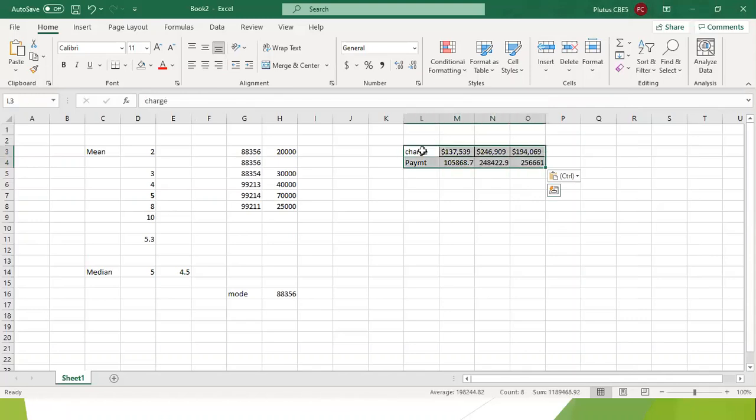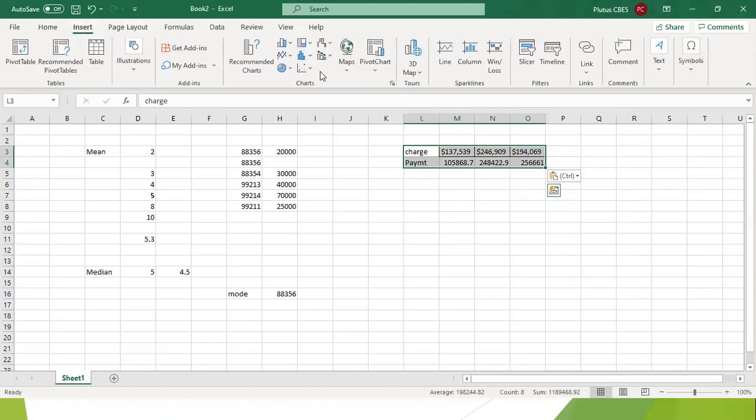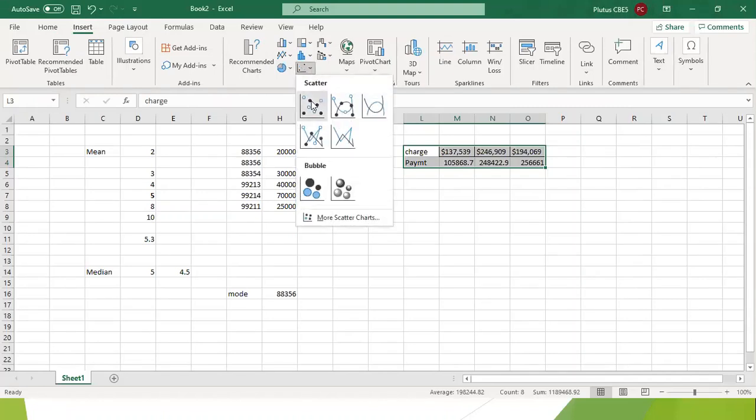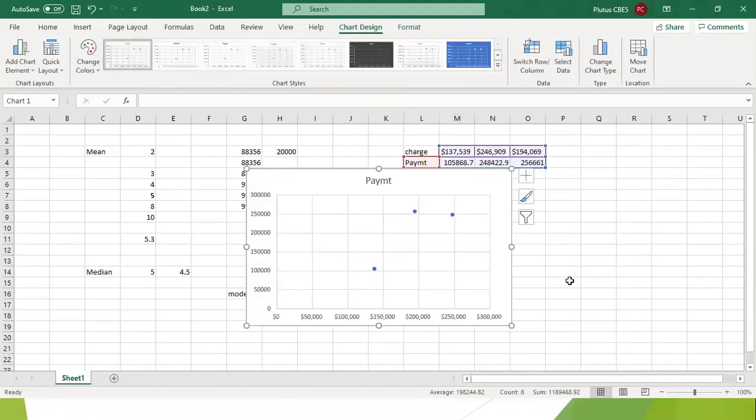If you want to put a scatter plot here, go to your scatter diagram and then plot it here. Why only 3 is coming?